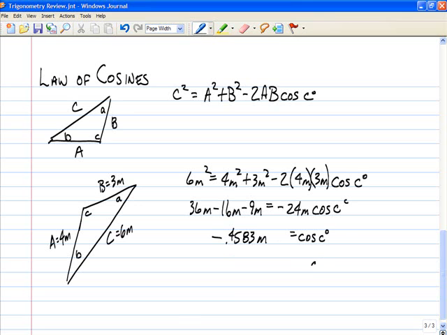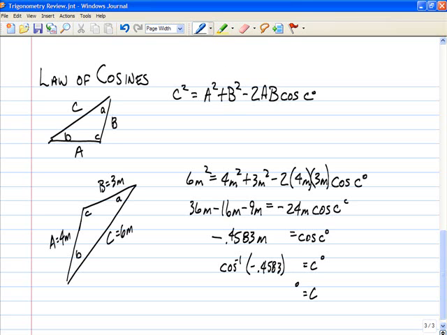So we'd have to do C equals the arc cosine, isn't it? Let's rewrite this. The arc cosine of negative 0.4583. So what does C equal?